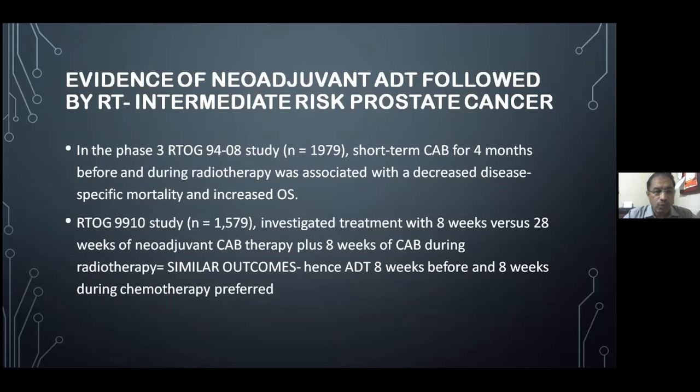The RTOG 9910 study investigated the treatment with 8 weeks of neoadjuvant ADT versus 28 weeks of neoadjuvant combined androgen blockade plus 8 weeks of combined androgen blockade during radiotherapy. And they had a similar outcome. Hence, ADT with 8 weeks before and 8 weeks during the radiotherapy may be good enough in this setting.